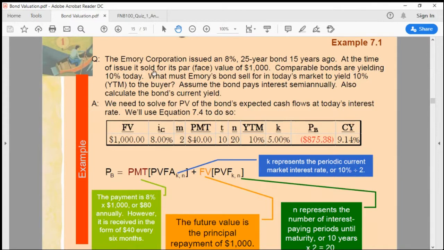Once again, this is a clue as to what the sale price and the discount rate were at the time, because the fact that it sold for a par value of $1,000 means something. Remember what makes a bond a premium bond or a discount bond?